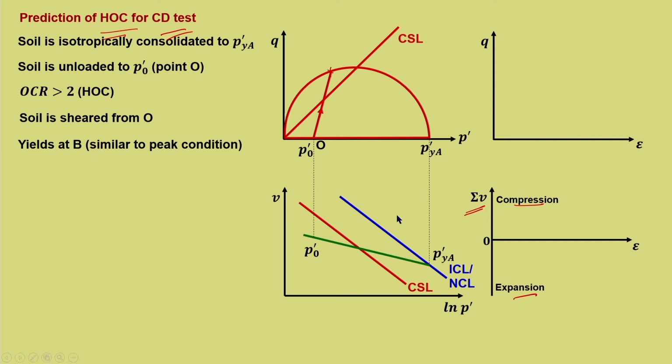Now, this point B is similar to the peak condition. From O to B it is elastic because it has to yield first. So, here also it has to move along the unloading reloading line. So, this green line, it has to move along because it is an elastic response.